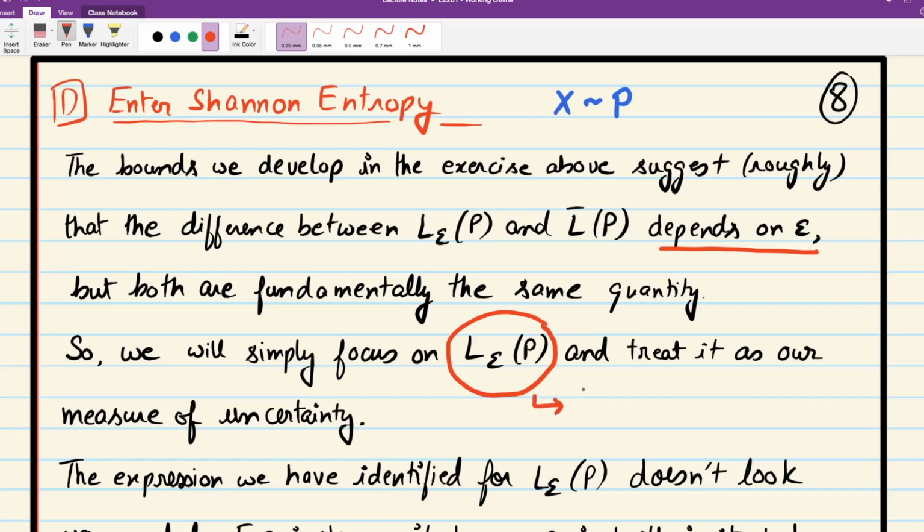We showed that this L epsilon p is exactly equal to log to the base 2 of n epsilon p, where n epsilon p was the least L such that when you take the L largest probability symbols, their probability adds to 1 minus epsilon. The scheme which attains this L epsilon p is exactly that. It just retains these L largest probability symbols, such that the probability of those symbols together exceeds 1 minus epsilon.